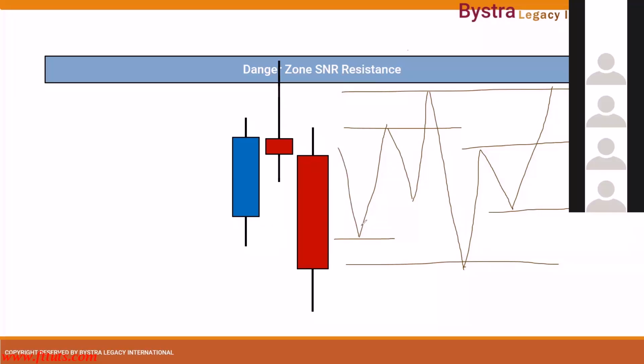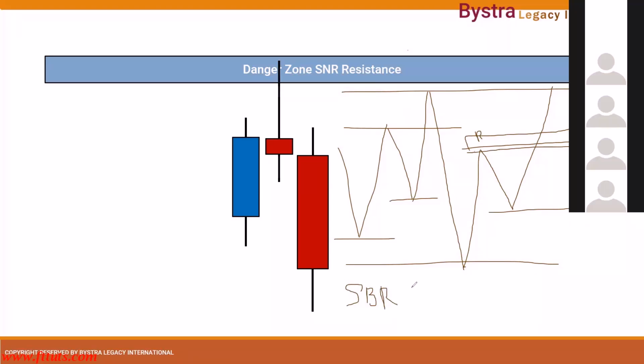All SNR levels you must mark, because you know why? Price will always react towards all these SNR levels, whether it breaks or not, we must always mark. So in an example like this, when price breaks this resistance, we do not take the SBR or RBS as a danger zone. Never.